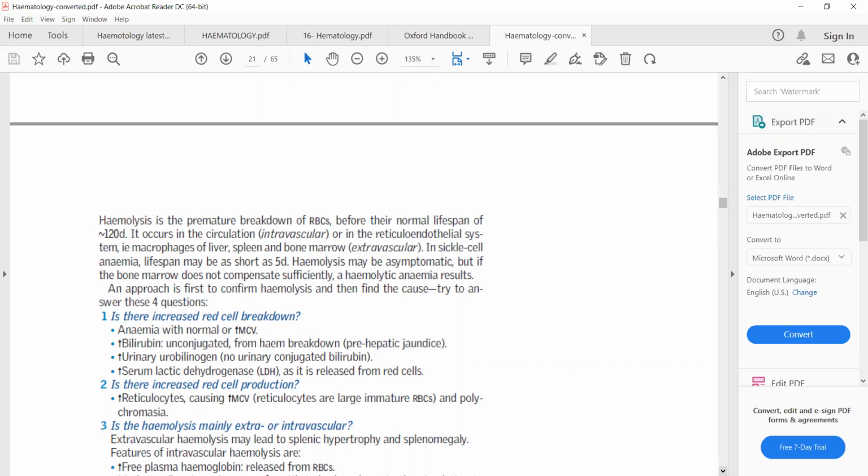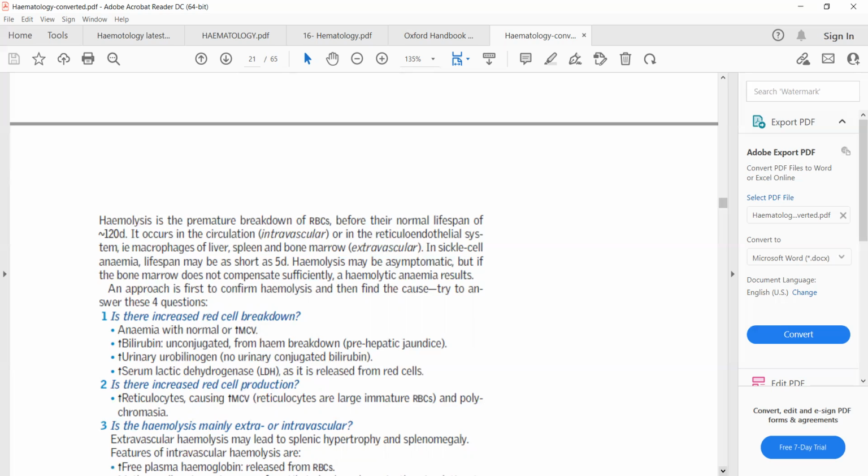The first thing that will occur in response to hemolysis is that the bone marrow will try to compensate for hemolysis by forming RBCs, and these RBCs will be released into the circulation prematurely.